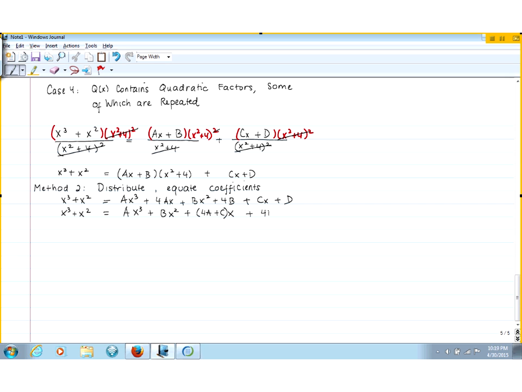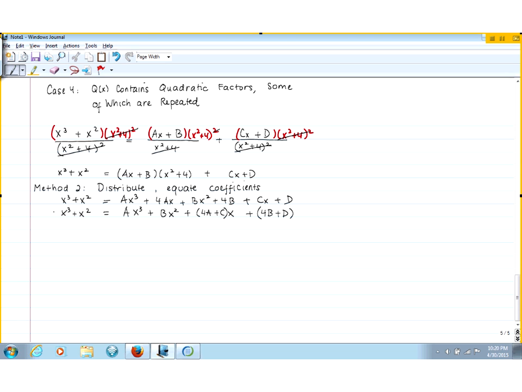And the constant, we have 4b plus d. Let's check again. x cubed is only a. x squared is only b. x is 4a plus c. And then constant is 4b plus d. Now let's equate the left and the right.